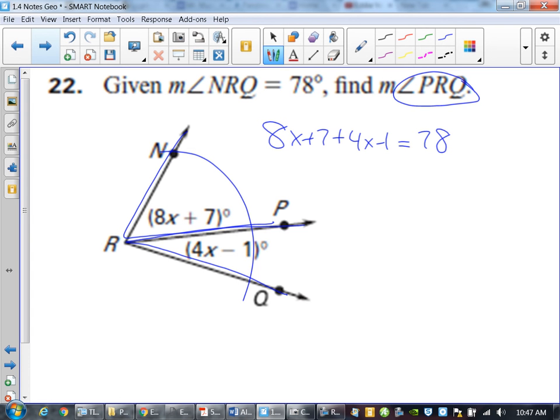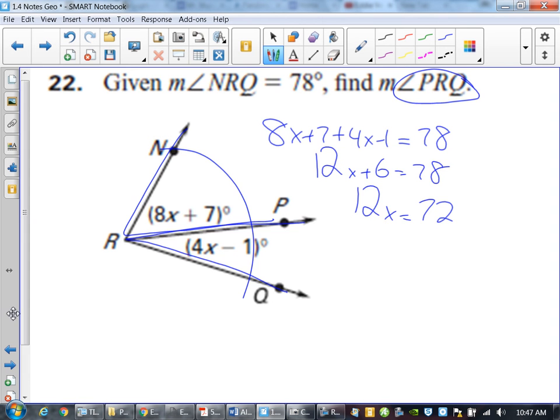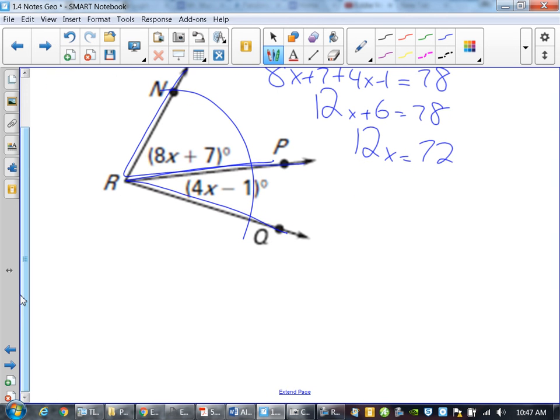So what's 8x and 4x? 12x. 7 minus 1. 6. Okay. So we have 12x plus 6 equals 78. Minus 6 on both sides. 12x equals 72. And then 72 divided by 12. And what do you get? You get 6.